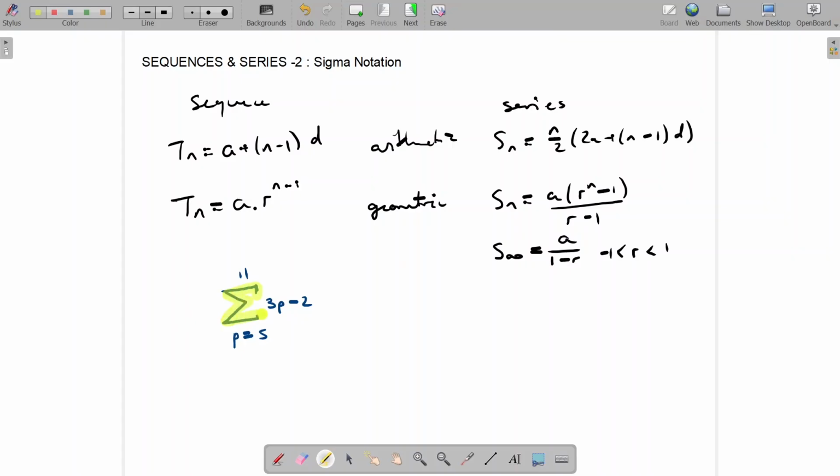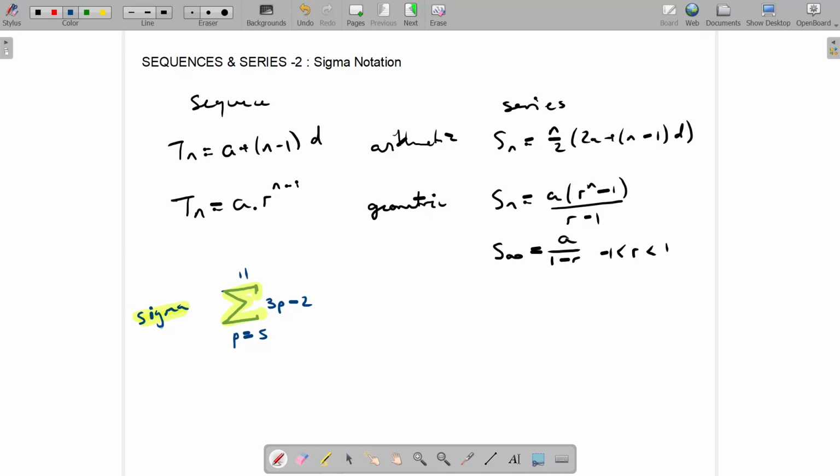Now, the first thing I want to point out is that this is what we call sigma notation. This funny symbol over here is the Greek capital letter S, sigma.